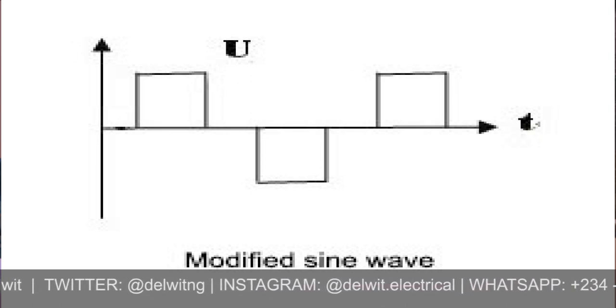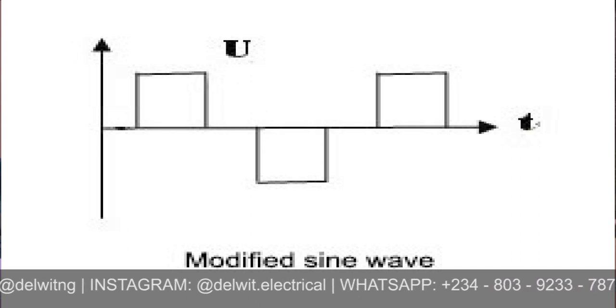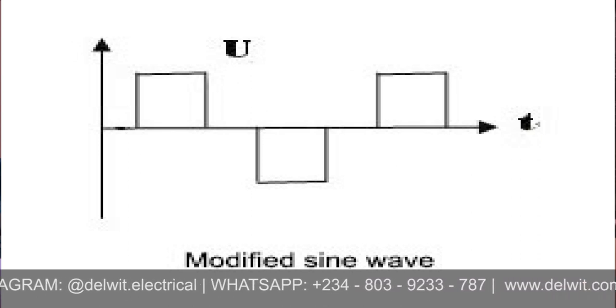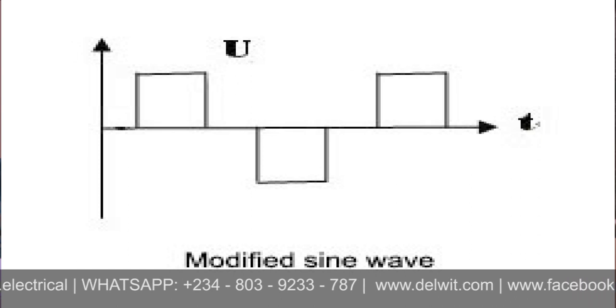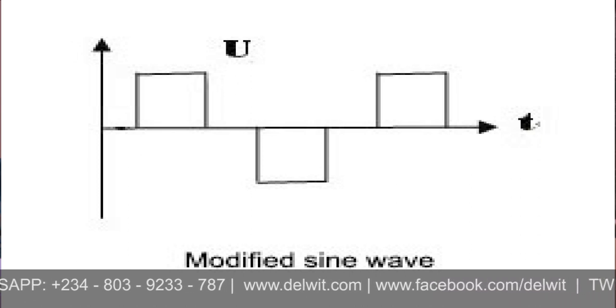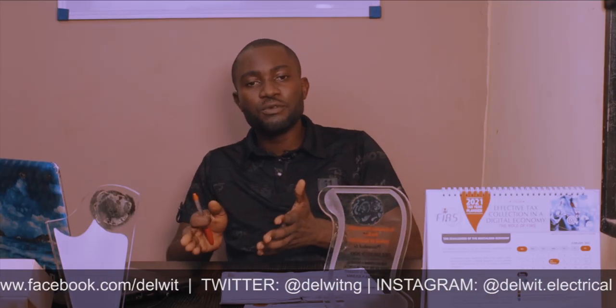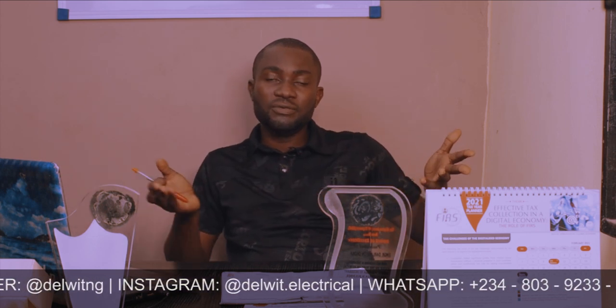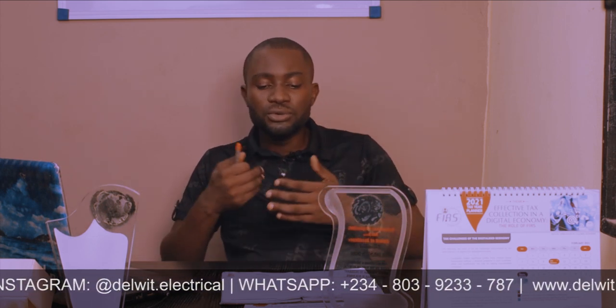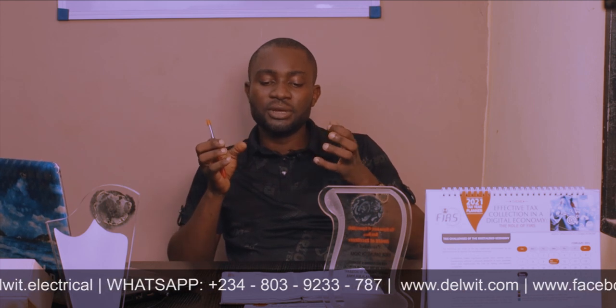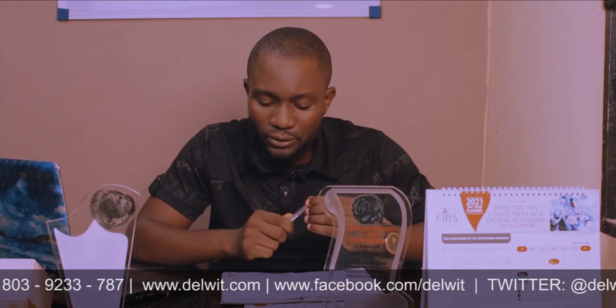If you are not considering a very sensitive load, you could also use this. If you don't have money for the pure sine wave, you could go for the modified sine wave. And if you are not using audio equipment like the TV or radio, which are very sensitive to sound and harmonics, you could use a modified sine wave for your inverter system.